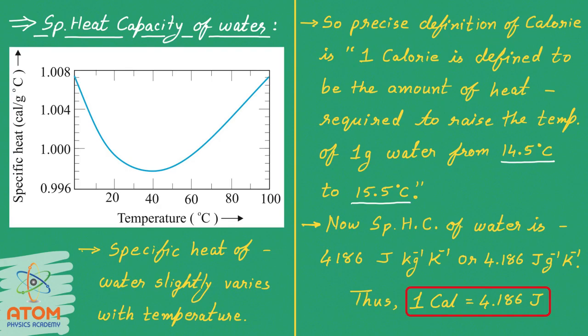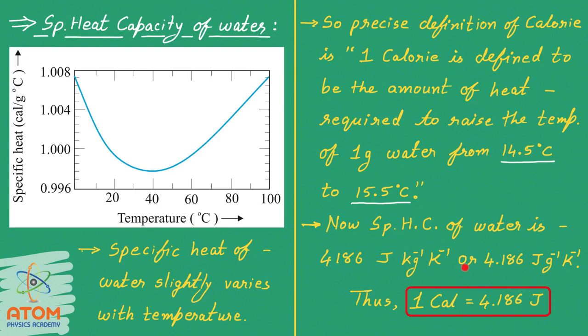Now let us relate calorie with joule. The specific heat capacity of water is 4.186 joule per gram per Kelvin. Now, what is the definition of specific heat capacity? Let me remind you, it is the heat required to increase the temperature by 1 degree Celsius of 1 gram of water.